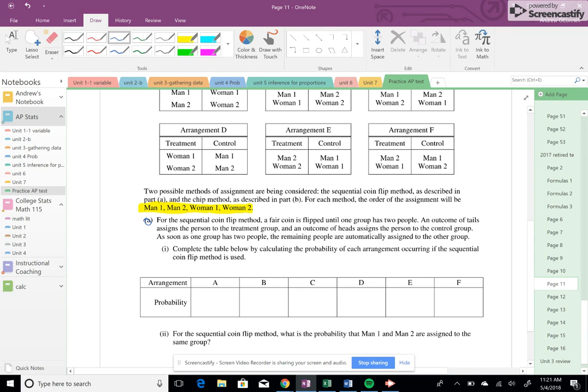An outcome of tails puts the person in the treatment group, and an outcome of heads assigns the person to the control group. As soon as one group has 2 people, the remaining people are automatically assigned to the other group. Complete the table below by calculating the probability of each arrangement occurring.